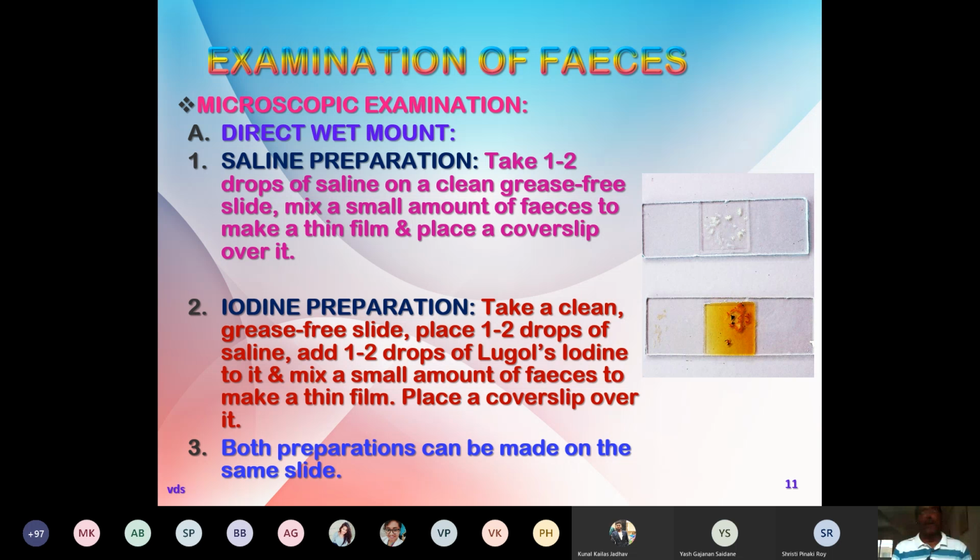But while doing this preparation, it is important that you collect the proper specimen in a proper amount so that it becomes a very thin film. If you properly emulsify the suspension in saline, the eggs or cysts are separated, and that becomes much easier for us to observe under the microscope. That's why it has to be emulsified very uniformly, and only then the cover slip has to be placed, definitely without air bubbles.